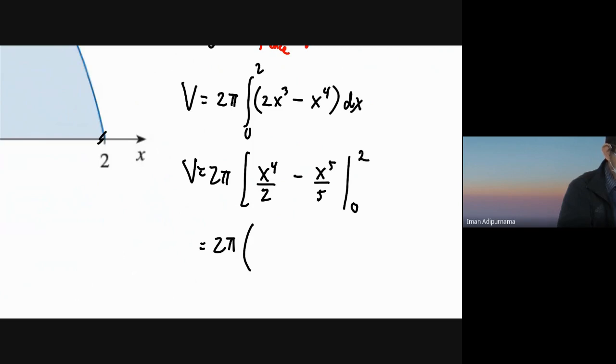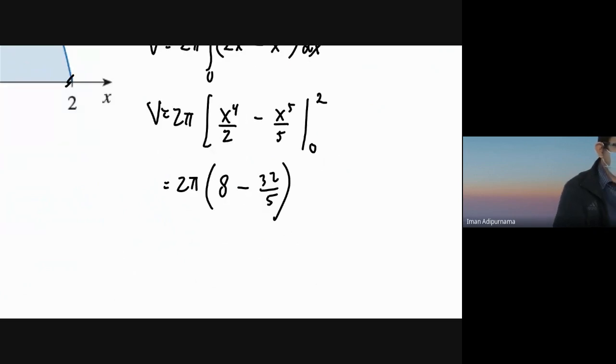Two with the power 4, 8, right? So minus 2 to the 5 over 5. And this will be 8 over 5, right? So 8 to 16.